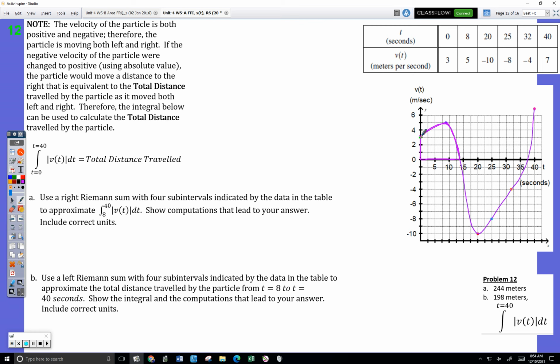But then if we calculate this area precisely, we would be calculating the displacement of the particle to the left, and we would be getting a negative number. Therefore, if we want to know the total distance traveled, we actually have to add them without any negatives.